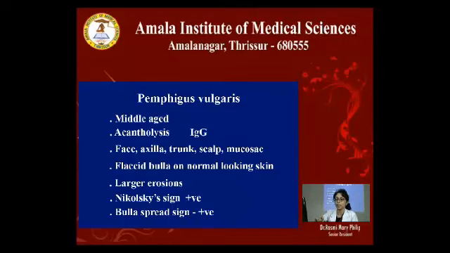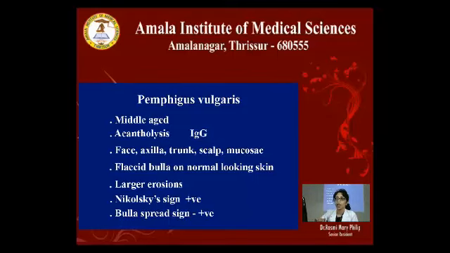Now, two bedside tests, the Nikolsky sign and the bulla spread sign, will help to distinguish an intraepidermal blister from a subepidermal blister. A Nikolsky sign is elicited when a tangential force is applied on normal skin close to the blister or on normal skin away from the blister, and this force leads to the epidermis moving away from the dermis.